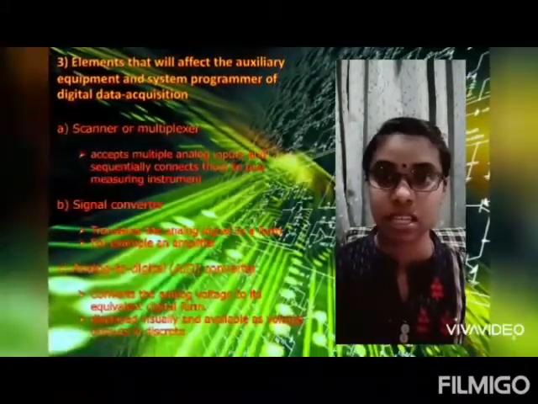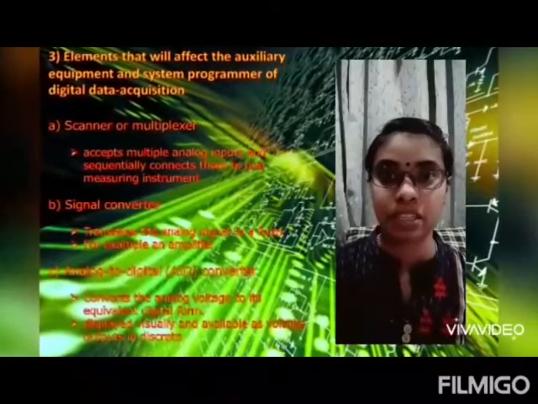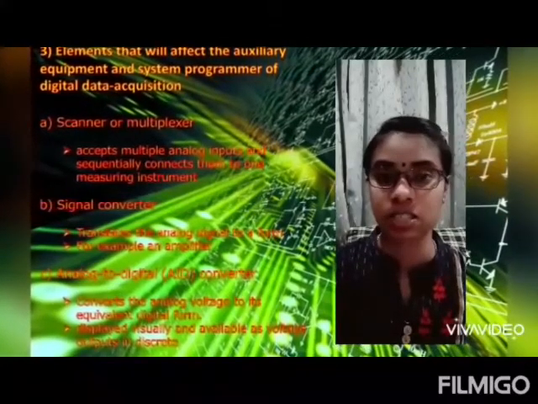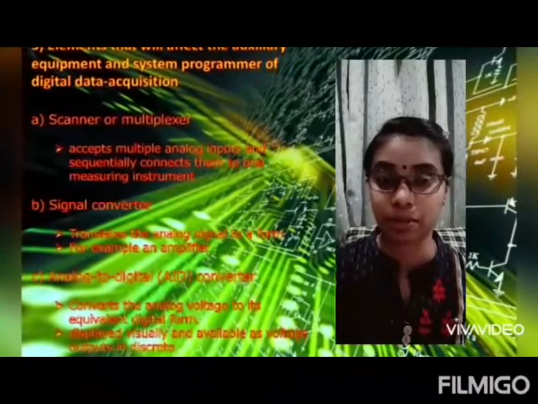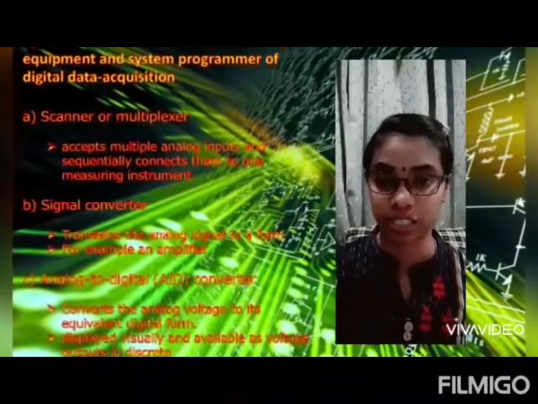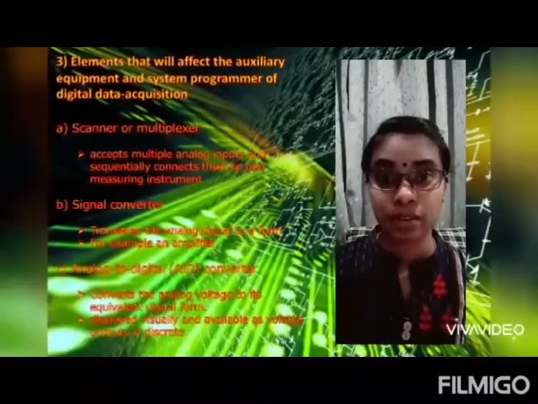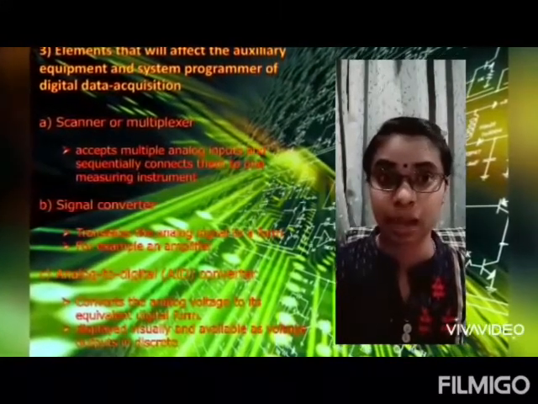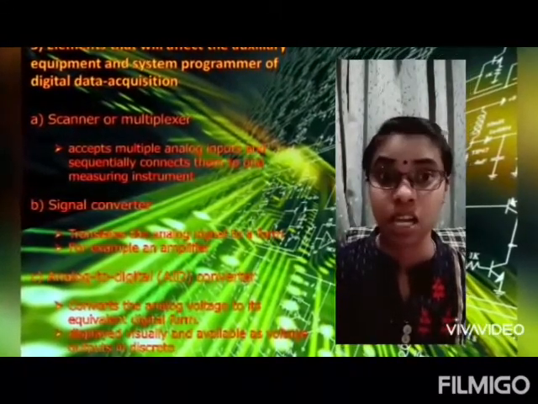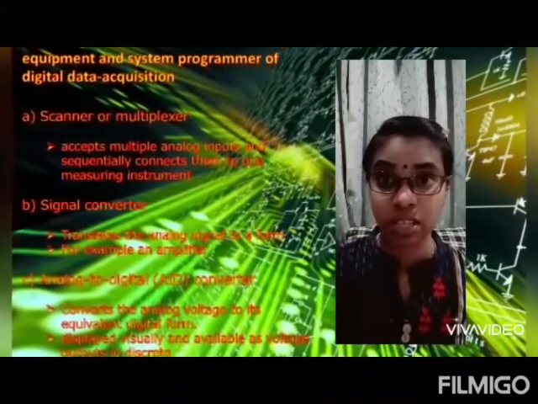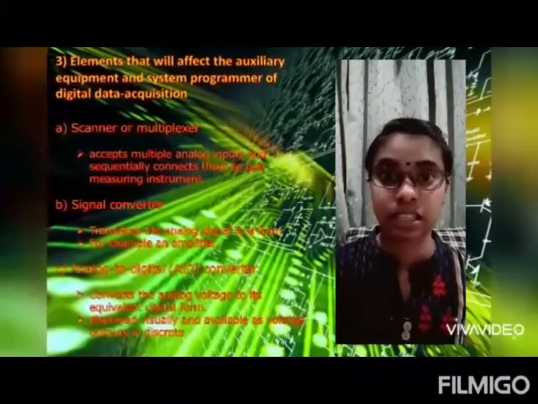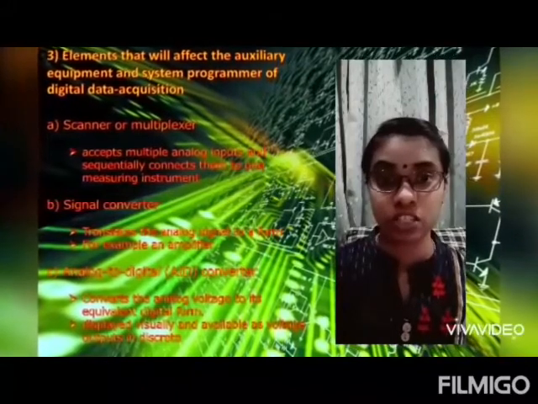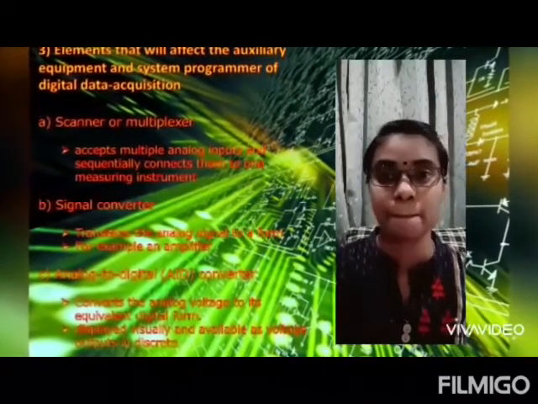Second is the signal converter, which translates the analog signal to a form acceptable by the analog to digital converter. An example of a signal converter is an amplifier for amplifying low level voltage generated by thermocouples or strain gauges.